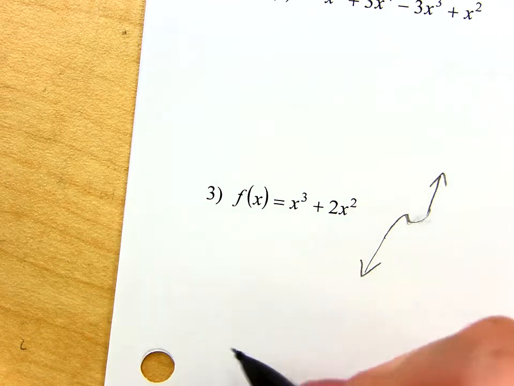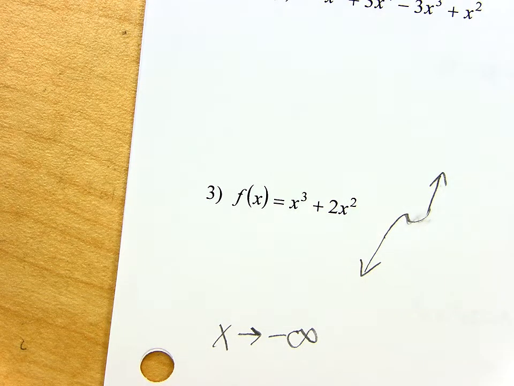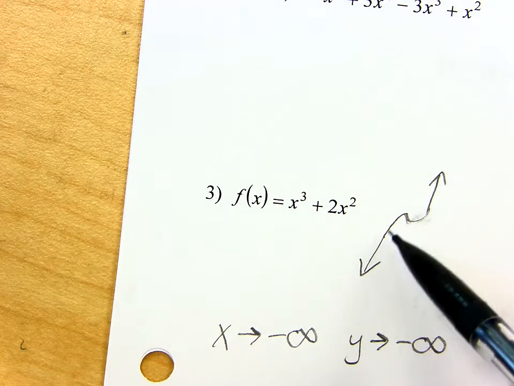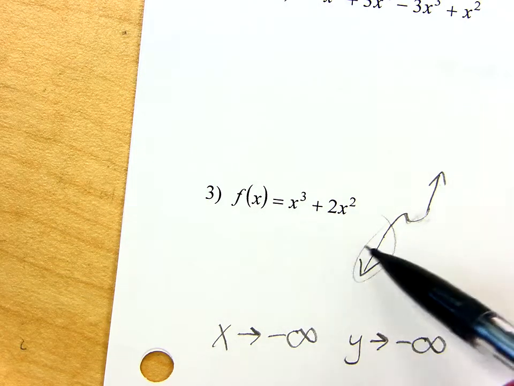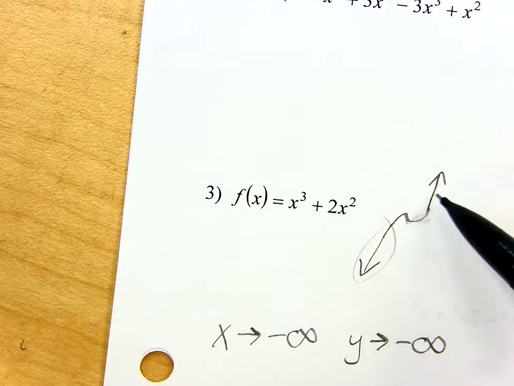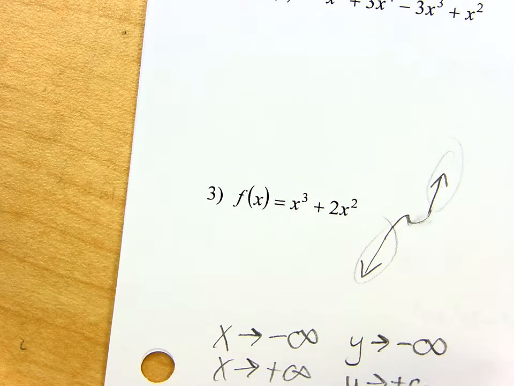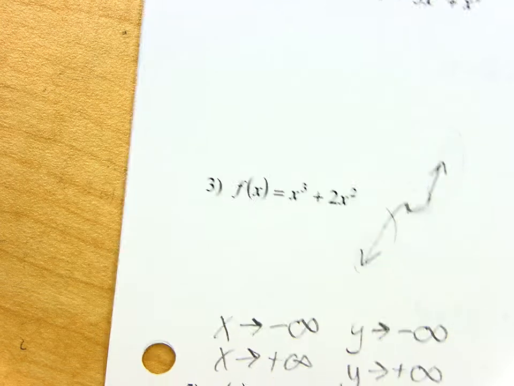So, as x approaches negative infinity, or fancy language for left-hand branch, what's the left-hand branch doing? That one's going down. Because that's when x is going in the negative direction. And then when x is going in the positive direction is the right-hand branch. That's it. My y is going to positive infinity.